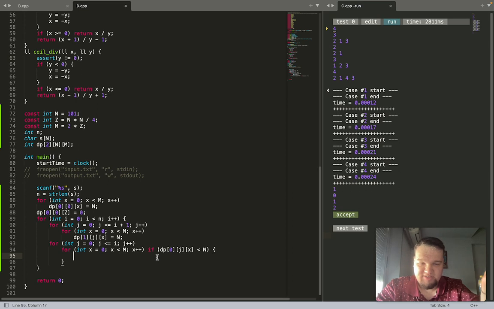So I want to make the transitions. So check that the state is reachable.